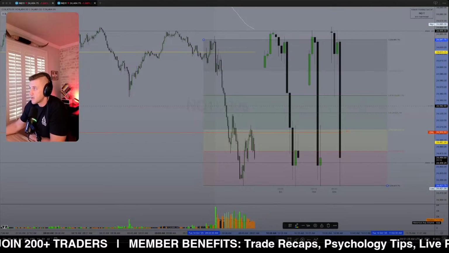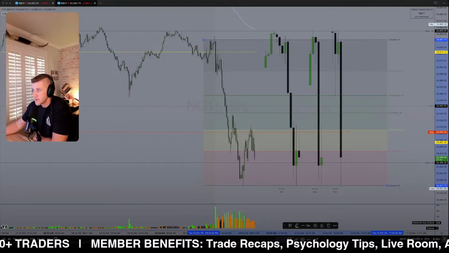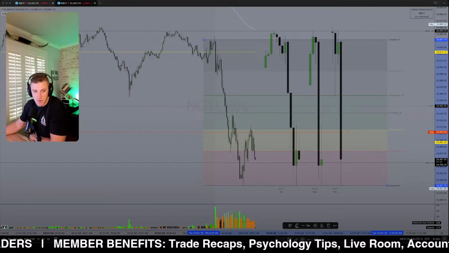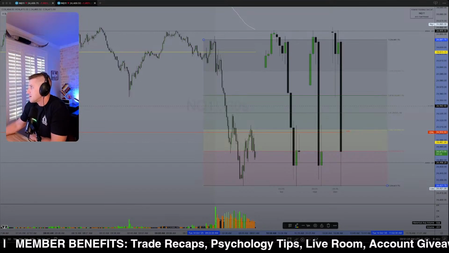And there's another rejection at overnight low. So pretty much case in point. Well, I don't want to overstay my welcome on any longs this early.